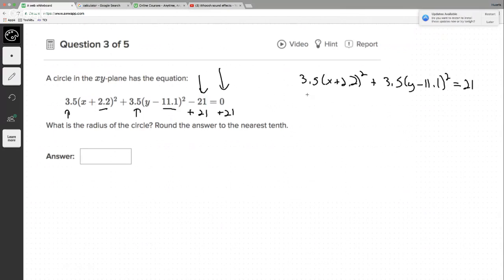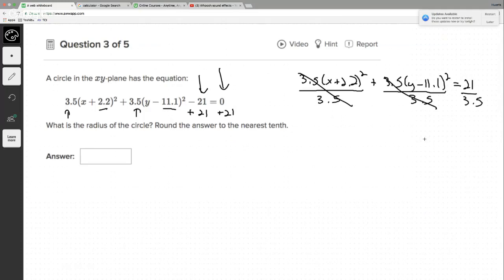Since it's multiplying both of these values, we can actually divide each one of these values by 3.5. They made it pretty easy for us to get rid of this value, because we can just divide everything by 3.5. That takes care of this, that takes care of this. And then what's 21 divided by 3.5? You could do this on your calculator if you wanted to, but I can give you a quick shortcut. 3.5 is half of 7.